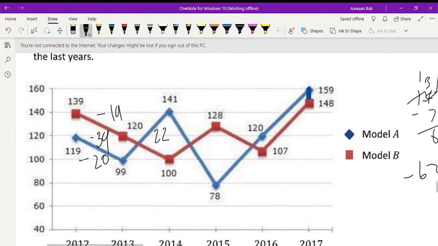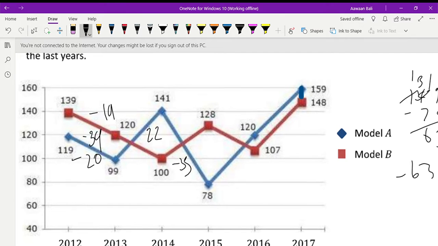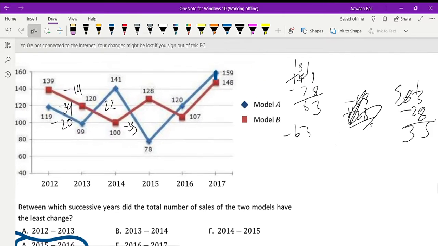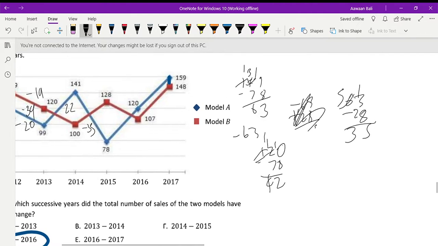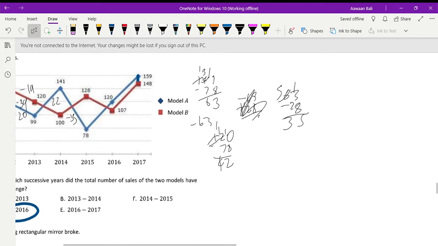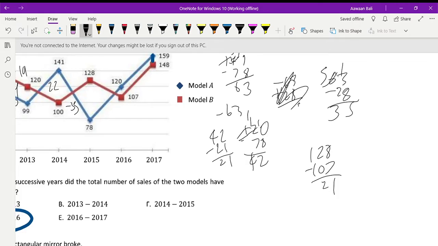So we got minus 35 for this. For 2015 to 2016, we have a jump of 42. And we have a small, and then 128 minus 107, that's only 21. So 42 minus 21, it's 21.